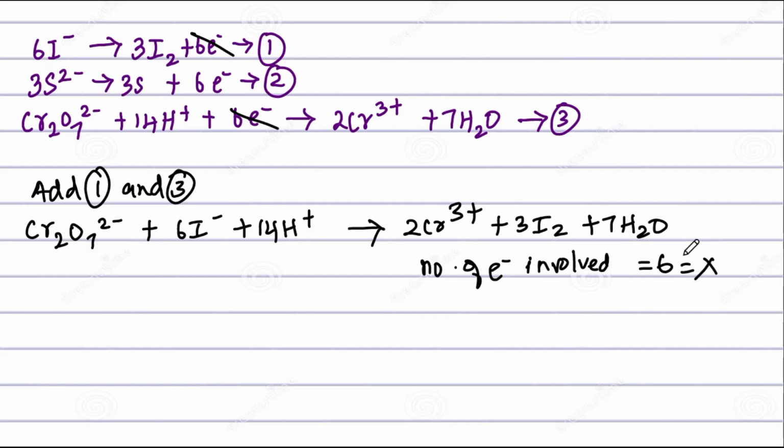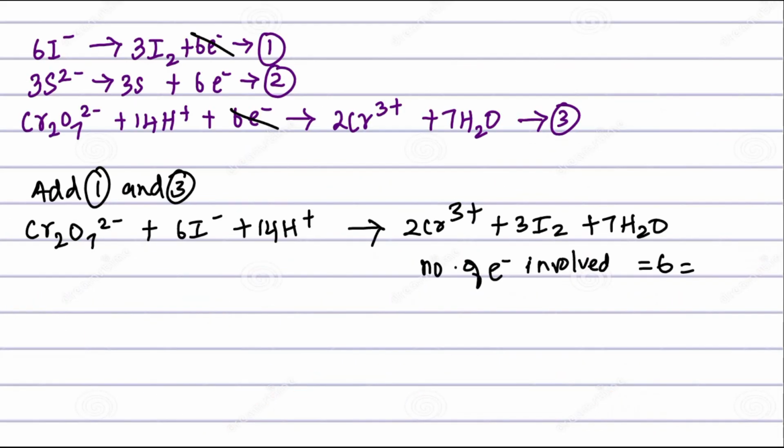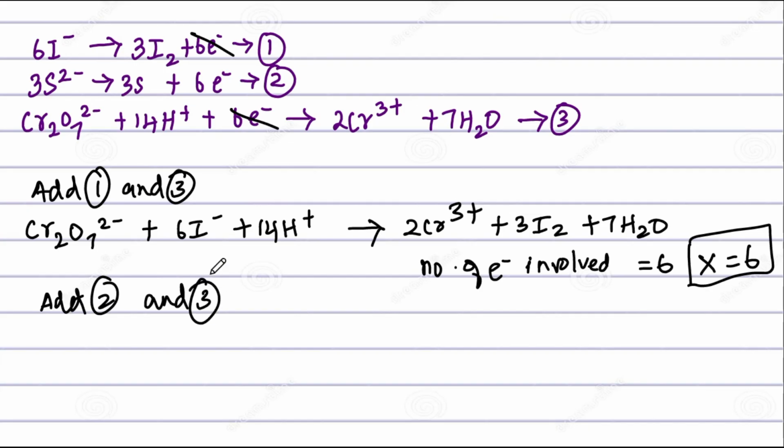In the question it is given that X and Y are the numbers of electrons involved. So for the oxidation of I- to I2, the number of electrons involved, X, is equal to 6. Now let us add the second equation and the third equation. Here also in the reactant side you have 6 electrons, and in the product side of the second equation also you have 6 electrons.